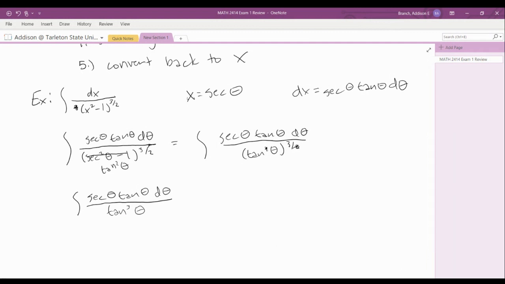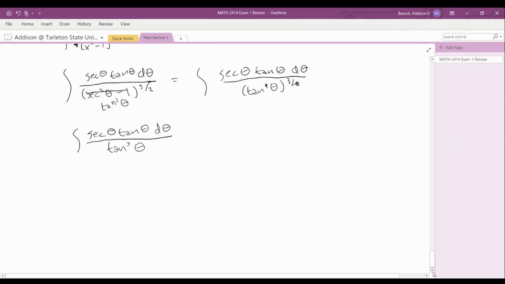So does anyone see anything that we can try to simplify out? Yep, we can cancel out that tangent. So we get tangent, and then that becomes a tangent squared.